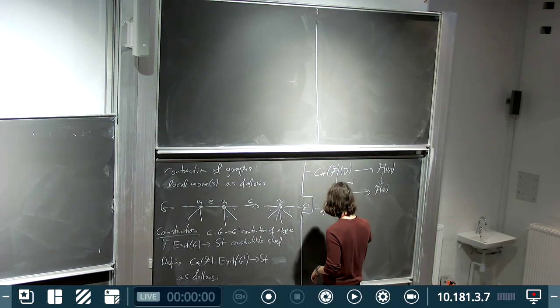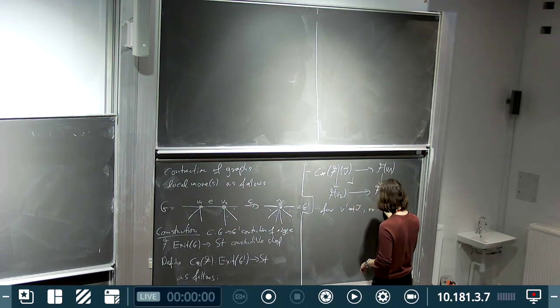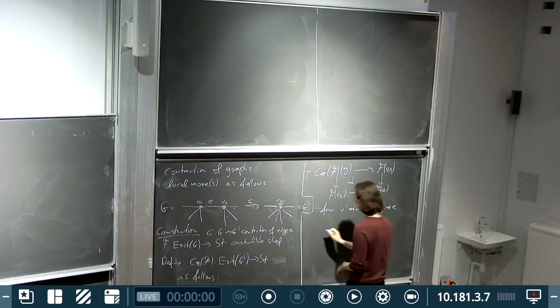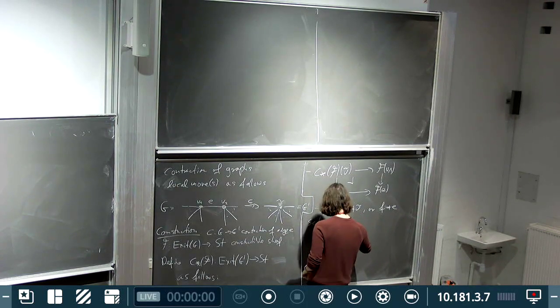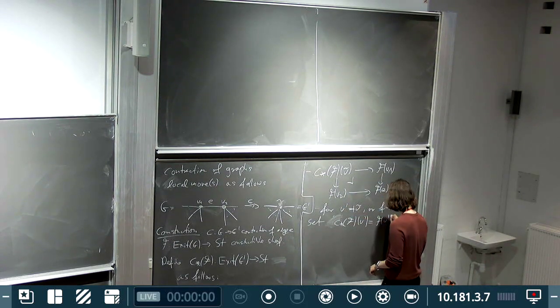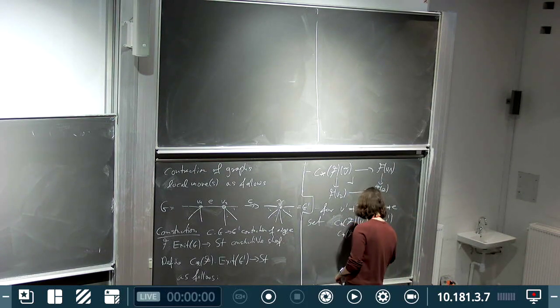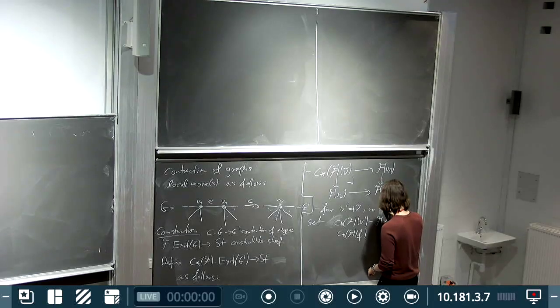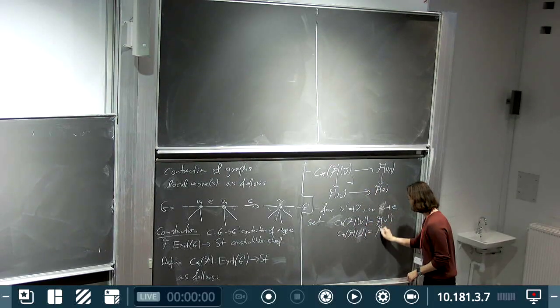And then for a vertex v prime not equal to v tilde, or an edge e prime not equal to e, you set C star F of v prime equal to F of v prime, and C star F of e prime to be F of e prime.